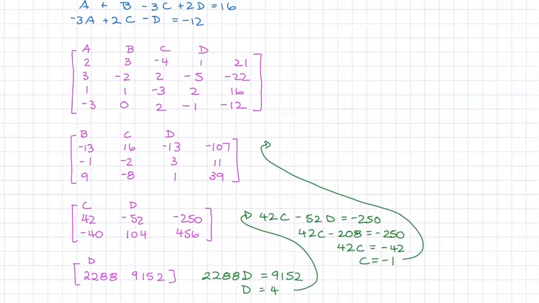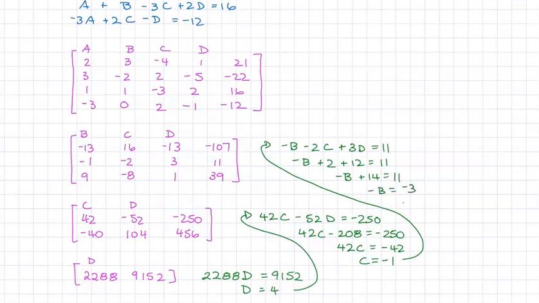So then I'm actually going to use the middle row because the numbers are nice and small there. Negative b minus 2c plus 3d equals 11. c was negative 1. d was 4. So we have negative b plus 14 equals 11. Negative b equals negative 3, so b is 3.